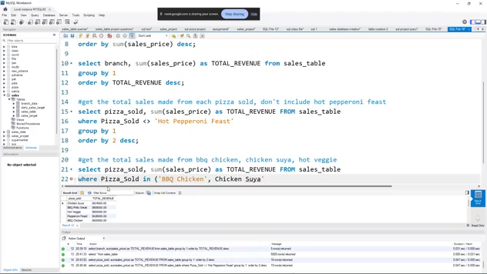Don't forget your quotation, comma. Then the last one is what? Hot veggie. So in your quotation again, hot veg. Quotation. Since I have everything aligned already, I can close that.